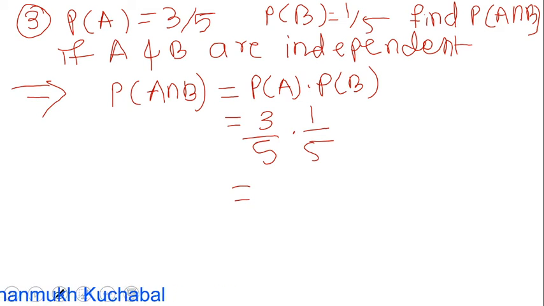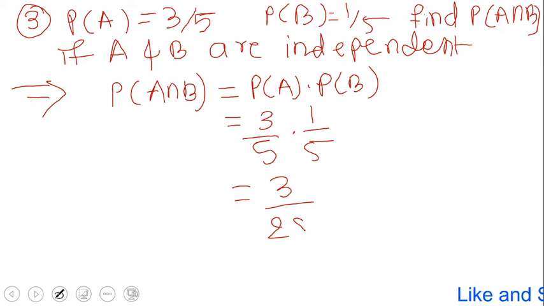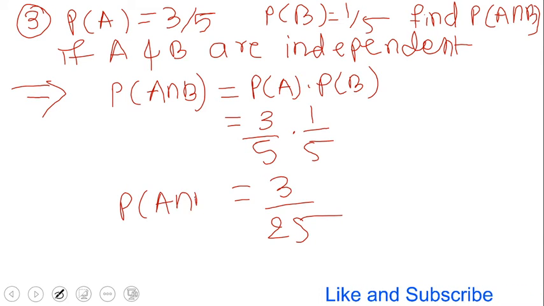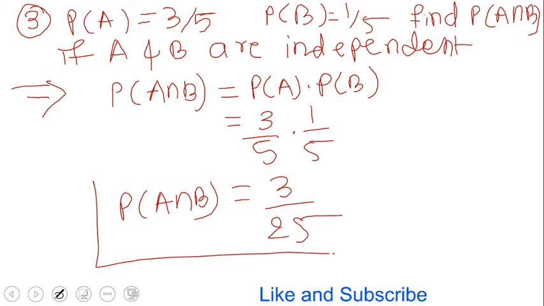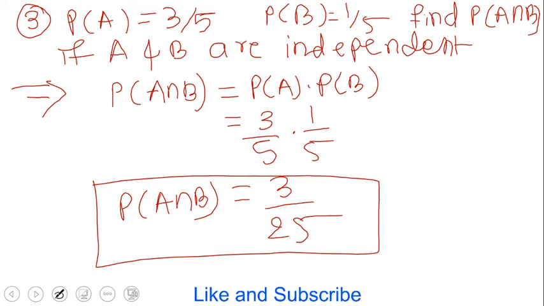Further simplify it, there is no cancellation, so multiply numerator with numerator, so 3, and denominator with denominator, 25. So this is probability of A intersection B when A and B are independent events.